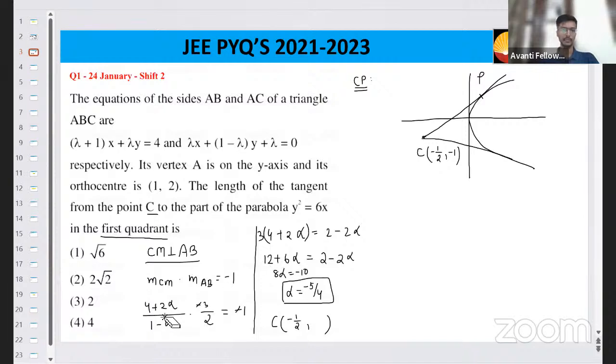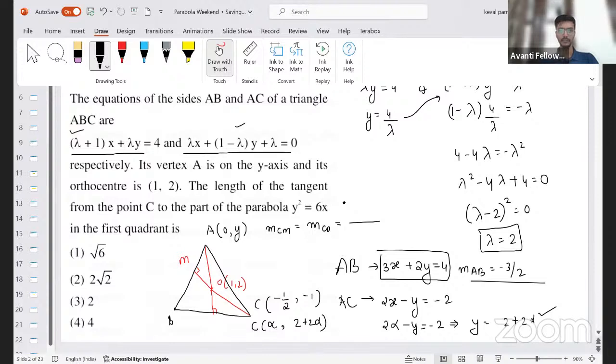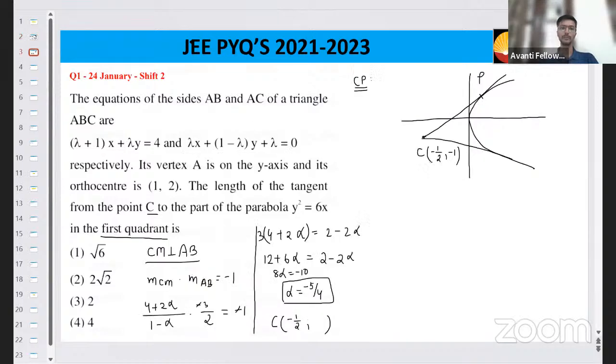Right. And now what is next? Yeah, so 2 alpha minus 2 upon 1. So it should be 2 alpha minus 2 upon 1, the slope of CO. Right? 2 alpha minus 2, which is 2 alpha upon 2 minus 1. The slope of CO will be 2 alpha only. Okay.